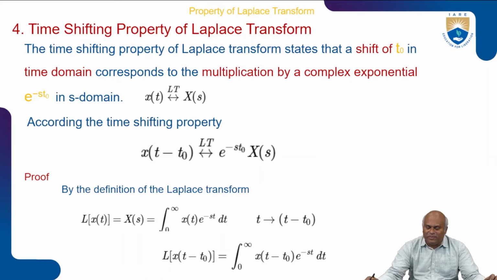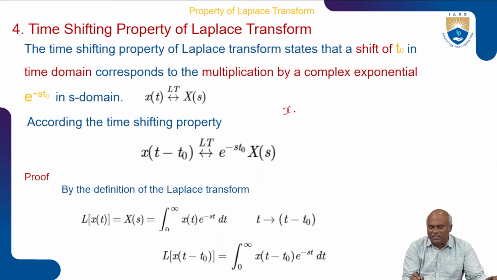So that means if a time shift happens, x of t minus t0, then in the Laplace transform domain it is multiplied by e power of minus t0 s into X of s.